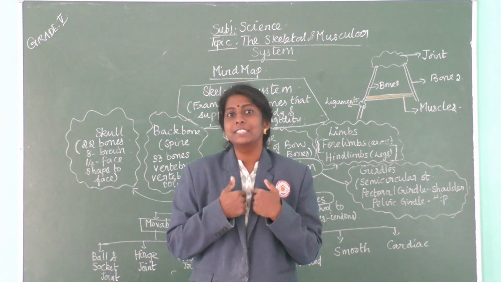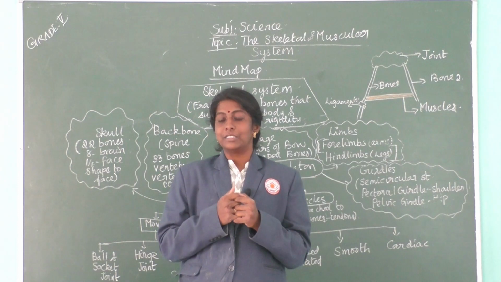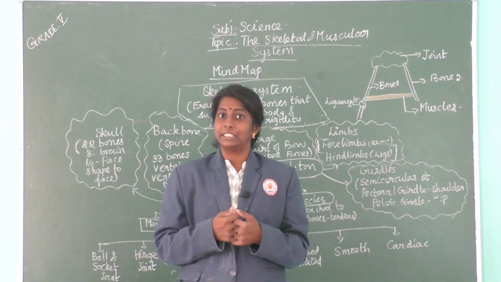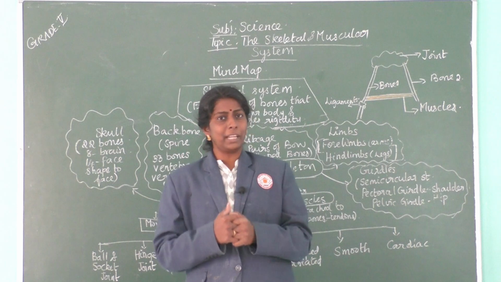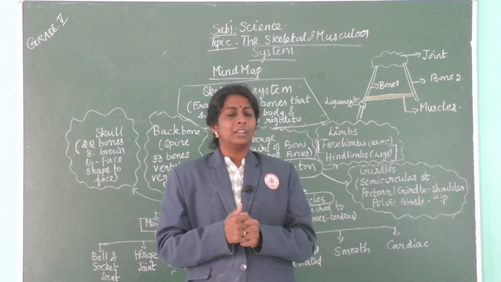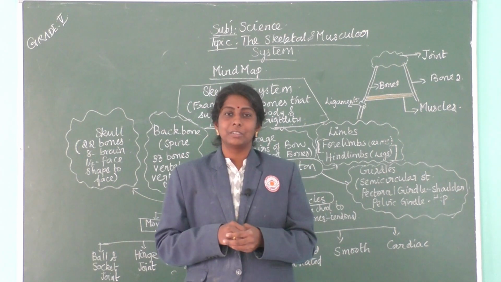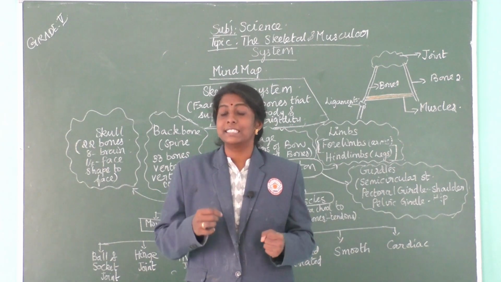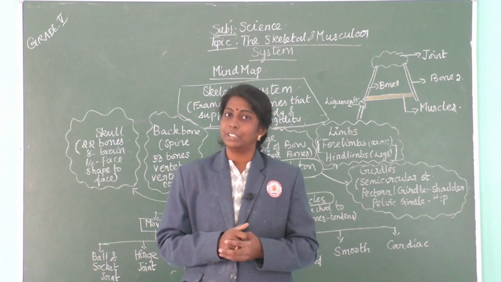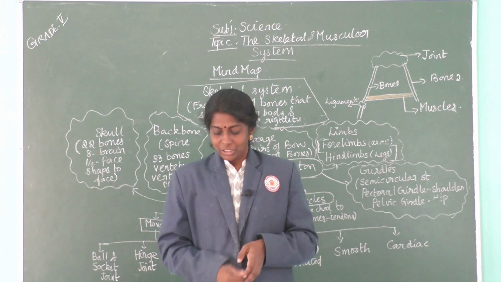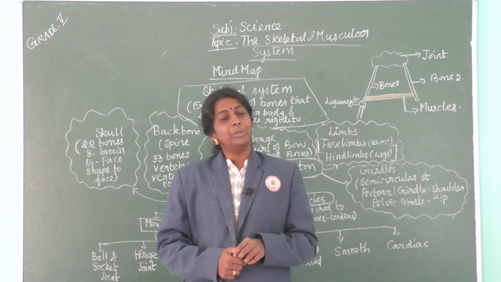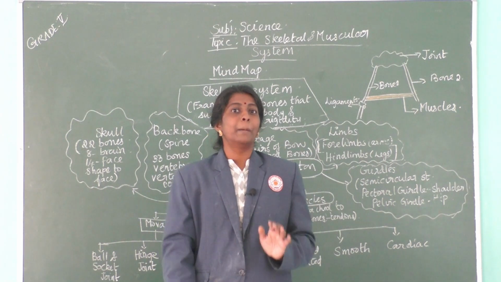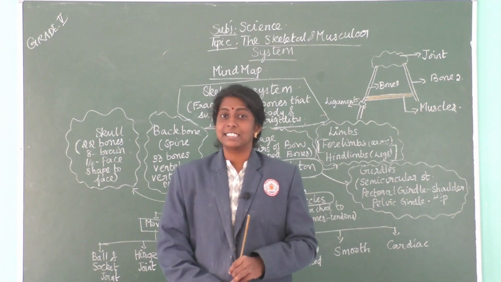So we humans are considered as vertebrates. And some small animals are there without a backbone, and that is termed as invertebrates. Clear?